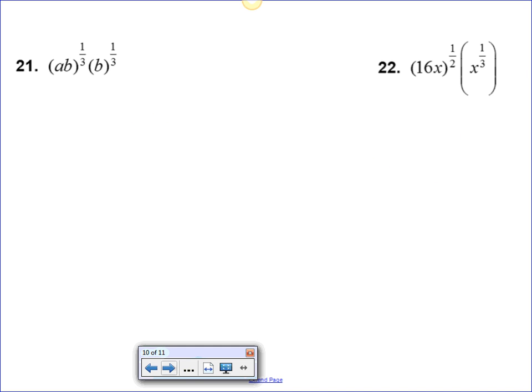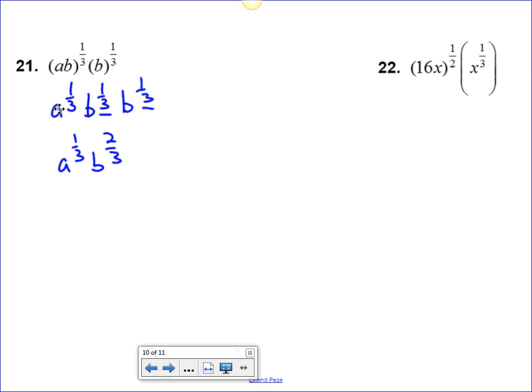Okay, let's keep cruising here. So this one, if I look at the ab to the 1/3, that is really a to the 1/3, b to the 1/3, and then I still have times b to the 1/3. Well, if I combine these, since I have the same base, I'd have a to the 1/3, b to the 2/3.